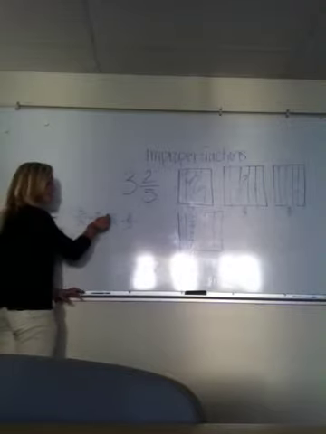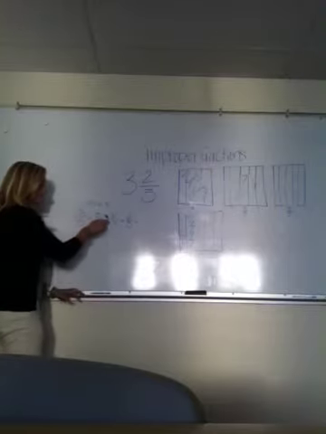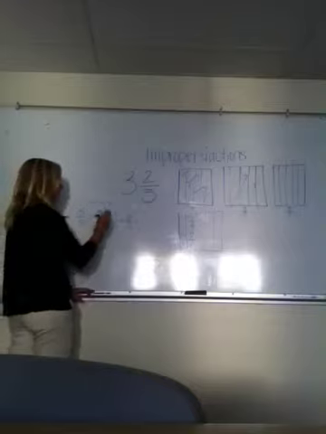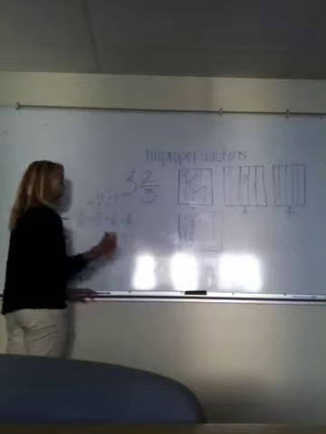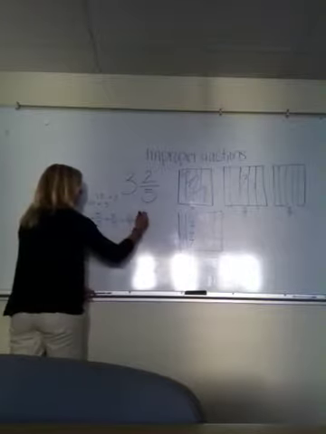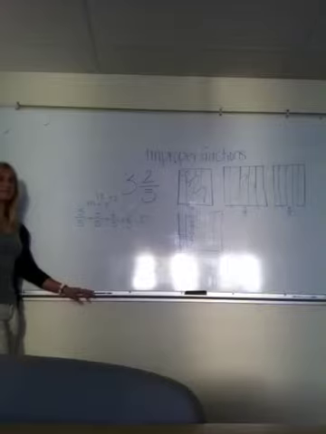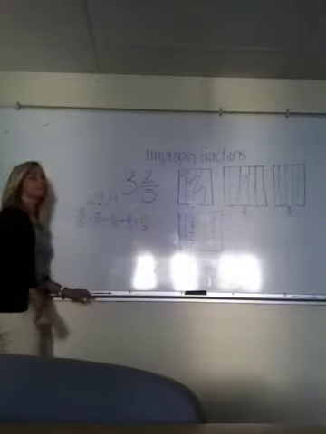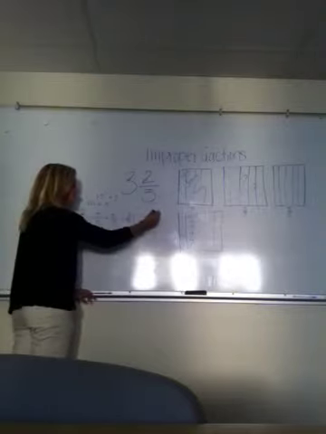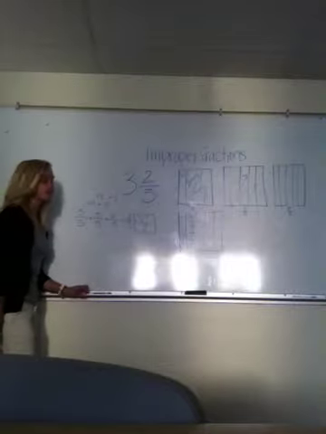Very good. Plus another 5. So we have 10 plus 5. That's 15. Very good. And then we're going to add 15 plus 2, 17. Very good. Now, do we add the denominators together? No, that's right. So, 17/5 is equal to 3 2/5.